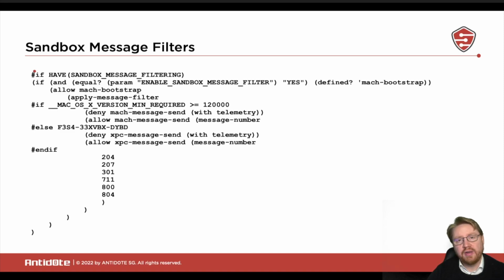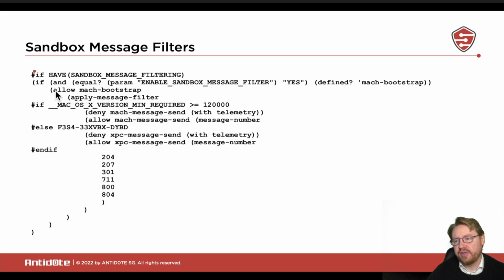And normally that would be a little bit problematic in the system how to implement this, and this is why they have this addition to the Sandbox, which is the message filters that can be applied to certain Sandbox operations.